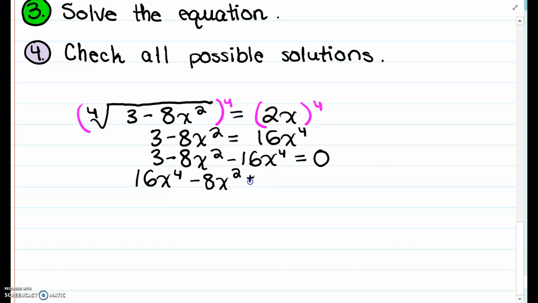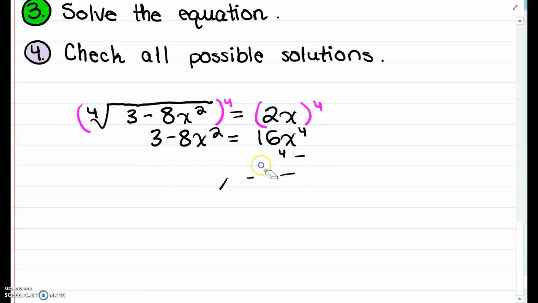I'm sorry, my mistake. It is easier if we move 3 minus 8x squared to the other side so we won't have to deal with a leading negative term. So 0 equals 16x to the 4th plus 8x squared minus 3.